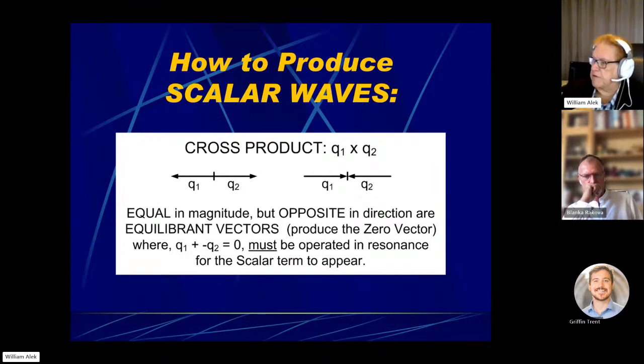That's where the scalar term appears, and this is what Tom spoke about. The vectors for these electric charges must be equal and opposite of each other. And what does that produce? Well, that produces something called a zero vector. Equal and opposite charges set up to oscillate produces what's called a zero vector. Tom spoke about this as well.